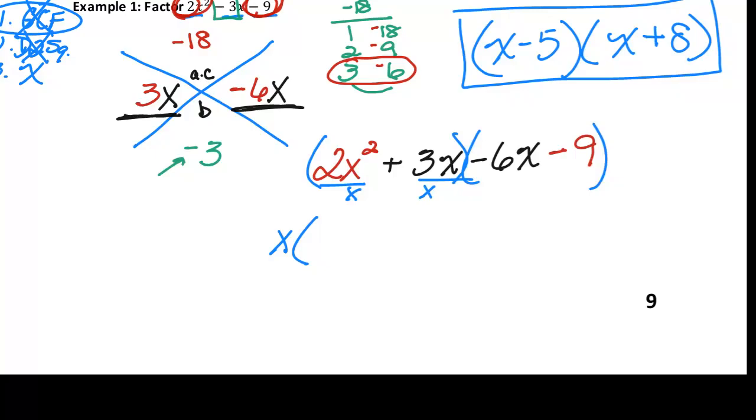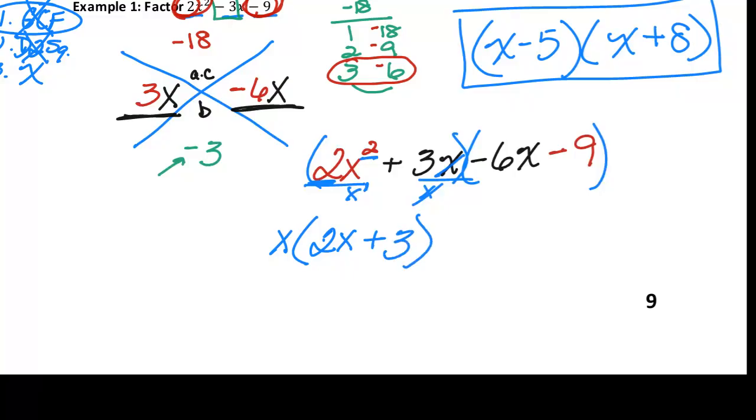What else? You have this 2, right? So we have 2 times x. You had two x's, you took one away, you also have this 2, plus x divided by x, that cancels out. I have a 3.